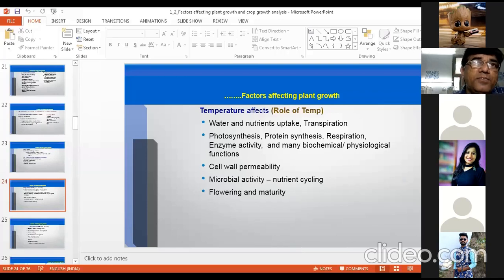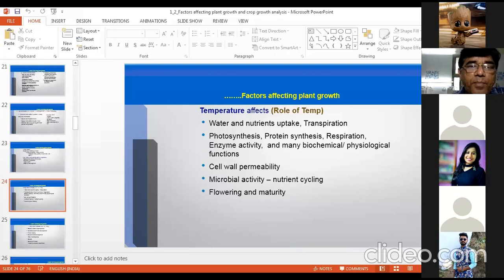Cell wall permeability is very important. Through the cell wall, certain constituents or compounds are exchanged, passing from one cell to another cell.